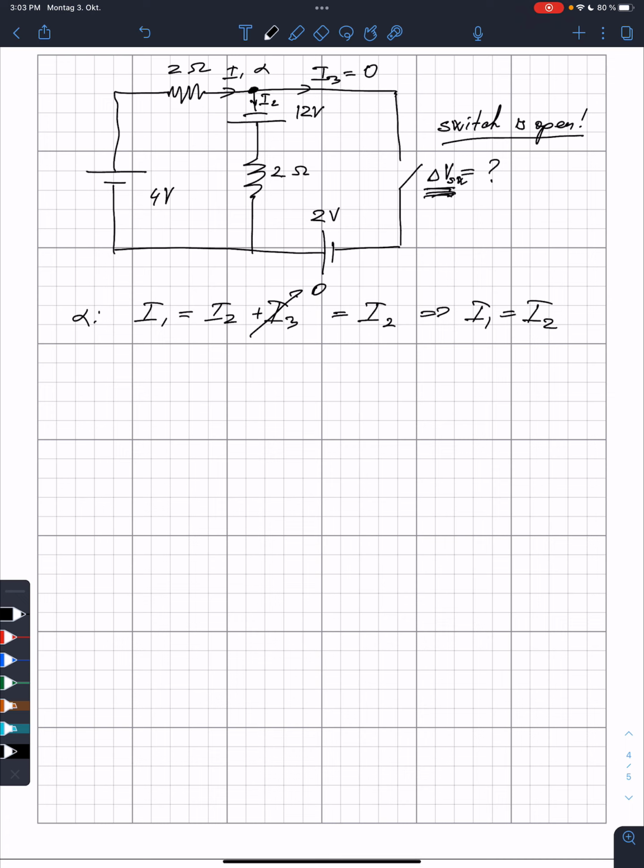Very good. So the next thing, I'm going to go around whatever I see in the circuit and place the direction of the potential difference. For the battery, I use from low to high. For loads, I use the rule that it has to go opposite to the direction of the current.